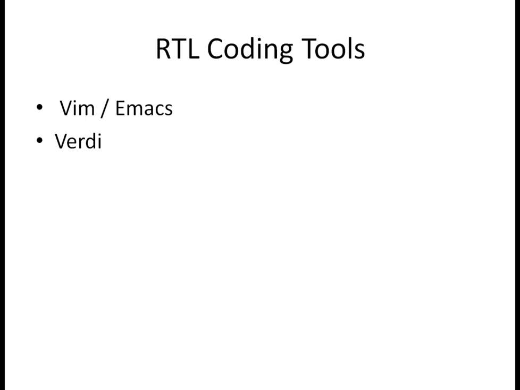Okay, so next we'll go to RTL coding tools. As I mentioned here, while doing RTL coding we need to put your RTL in some file, and that file we can open through the Vim editor or Emacs. Why are we using Vim or Emacs? These are open source, and we can edit the file, sometimes delete a line, sometimes add some extra lines in the code.